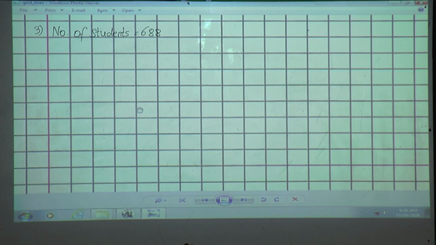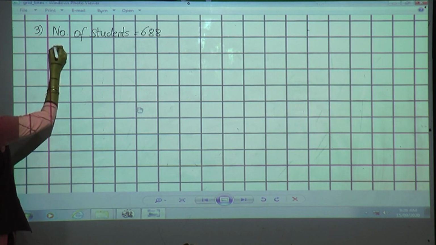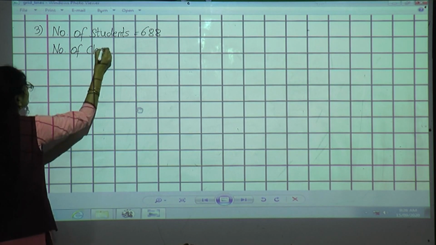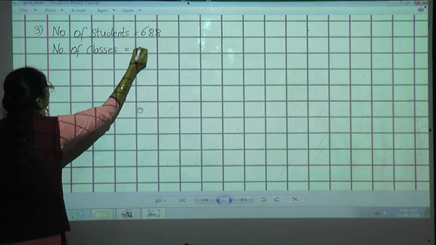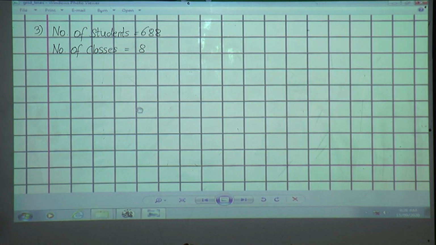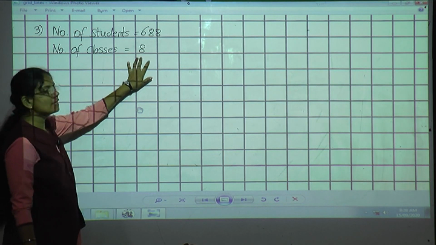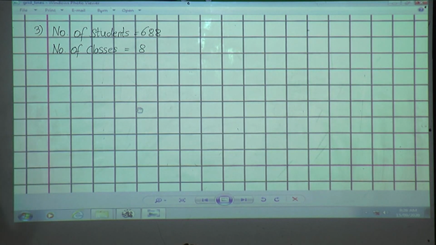What is the next line? Read that. There are 8 classes. How many classes are there? 8 classes are there. Each class has an equal number of students. How many students are there in each class? So here what will we write next? Number of classes. How many classes are there? Yes, 8 classes are there. Okay, and these 688 students, they have been divided into 8 classes equally.